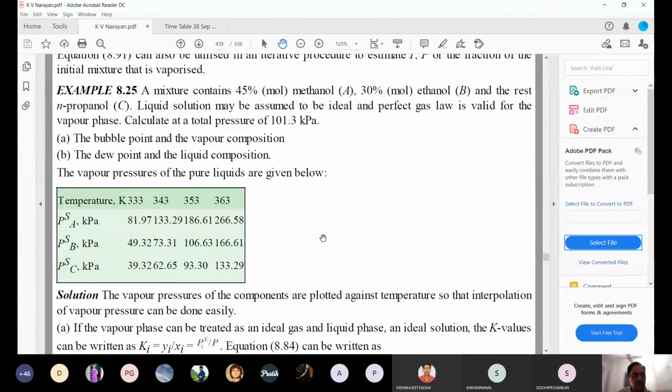Suppose I want to find out vapor pressure at 330 degrees. Oh, sorry, 340 degrees Kelvin. 340 Kelvin. How will you find it out? Who can tell me?